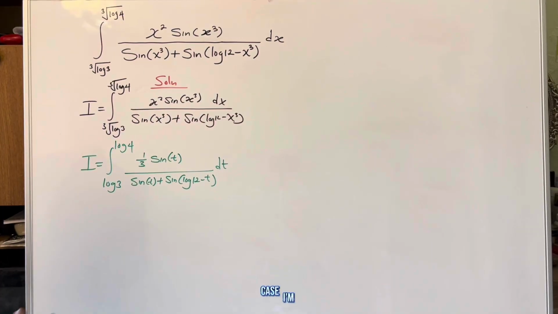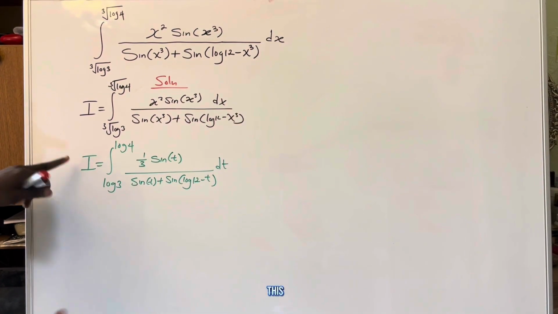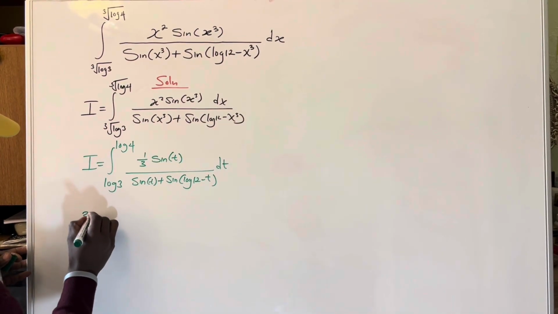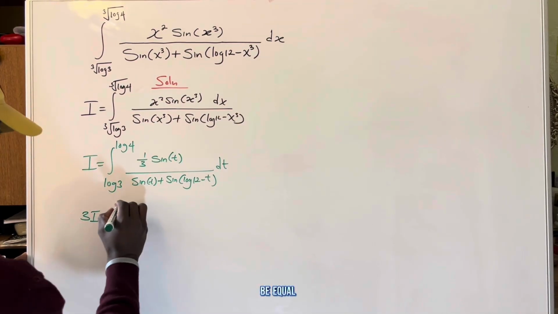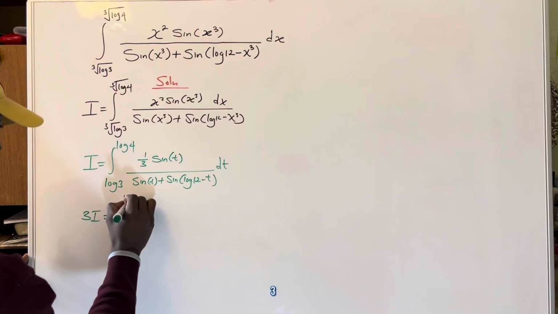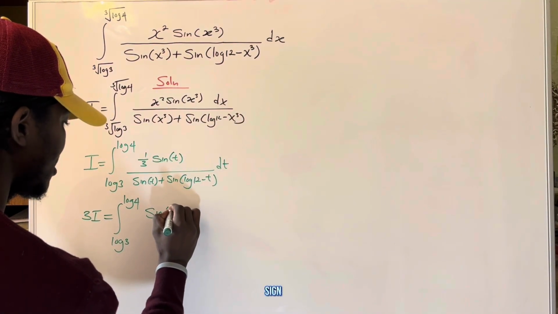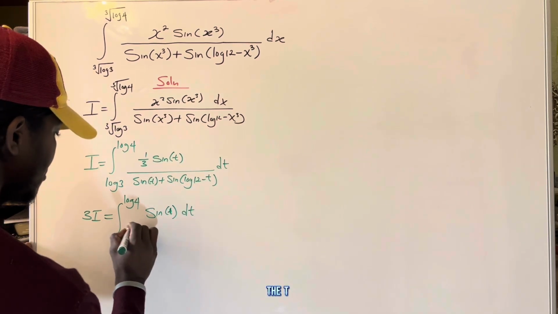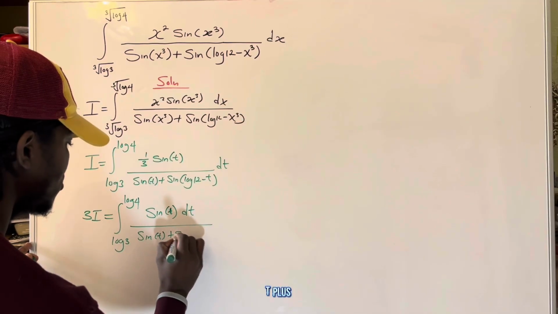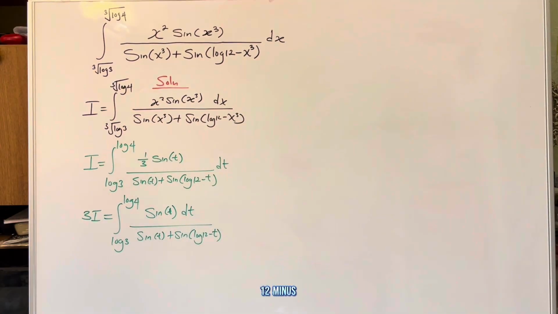In this case, I'm going to factor out the 1 over 3, and this 1 over 3 I can multiply by this r still, and it means that we're going to have 3r equal to the integral from log of 3 to log of 4 of sine of t dt all over sine of t plus sine of log of 12 minus t.